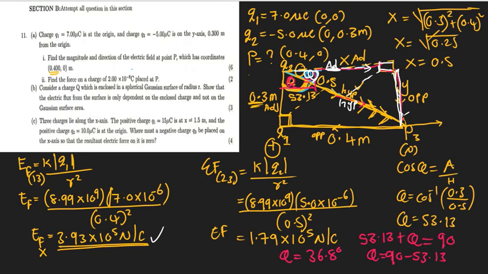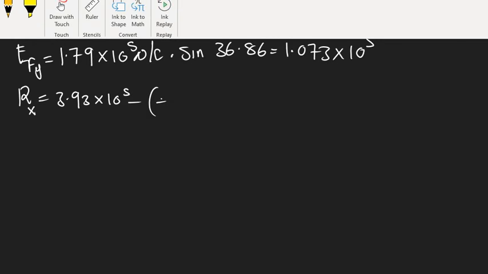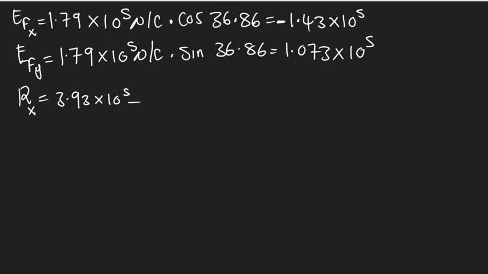We now find everything resultant in the x, so 3.93. Okay, so we are going to say resultant in the x is going to equal 3.93 multiplied by 10 to the power 5, then minus. We're supposed to add everything in the x, but since this one was a minus, so I have taken time to explain this so that you understand.